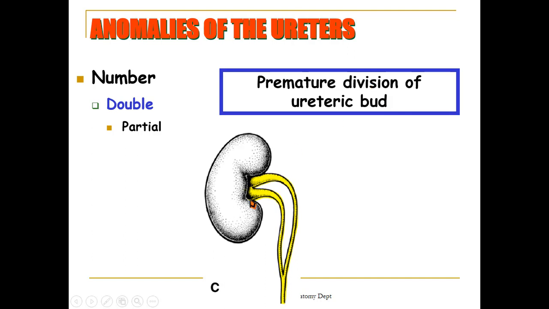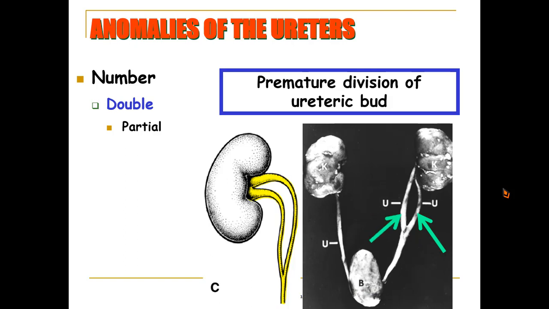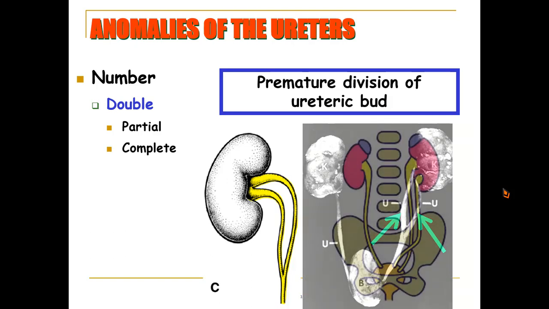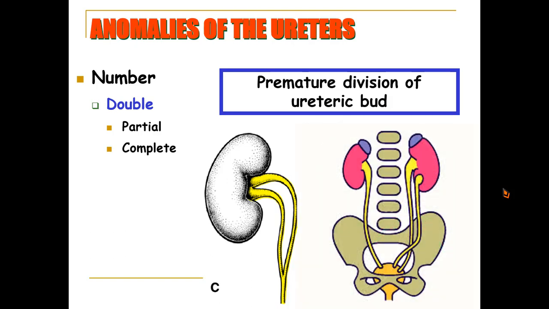They are double higher up, and then they unite again as a single ureter, and open in the urinary bladder as a single orifice, as in this picture. Or the duplication could be complete, like this one, and both ureters end separately at the urinary bladder.